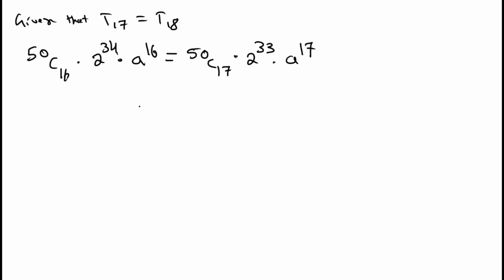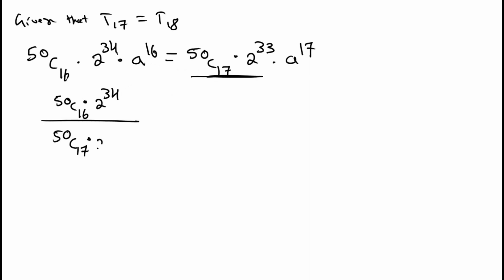Okay, now rearrange this equation. You can write it as 50C16 into 2 to the power 34. Take these two terms to LHS, you will get divided by 50C17 into 2 to the power 33, equal to, take a to the power 16 to the right hand side, you will get a to the power 17 divided by a to the power 16.